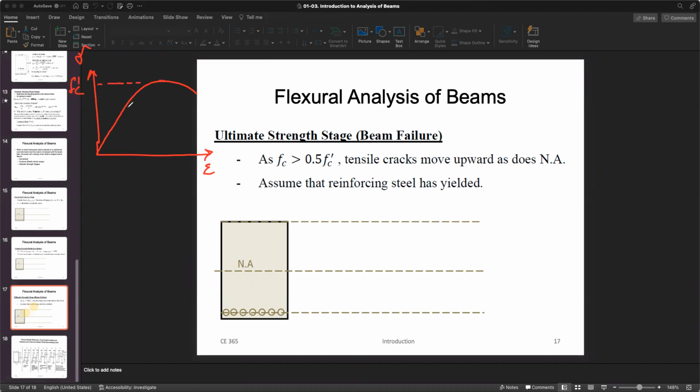So if this was your elastic region, 50% of f'c, now you are in this region. Your stress is more than 50% of f'c. You are in the nonlinear region in a way. Does it make sense? In a nonlinear region.